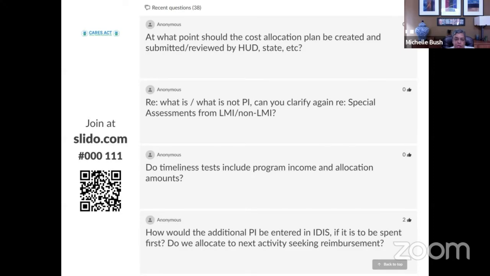So, for example, if you're receiving a lot more money than you received in the previous year, you might want to use your budget as the method for developing your cost allocation plan, as opposed to your prior year audit.